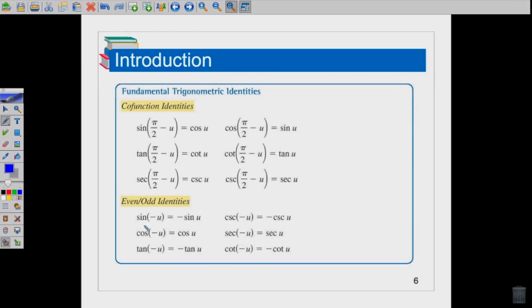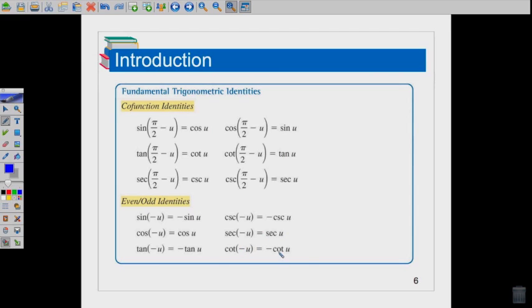The even-odd ones are probably the simplest. The sine function is an odd function, so putting in a negative value turns the entire function negative. The cosine is an even function, so the negative value of anything just keeps the function the same. Tangent is odd, so it changes. Cosecant is odd, so it changes. Secant is even, so it stays the same.